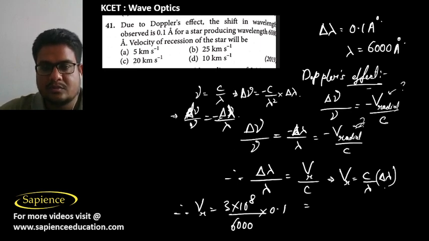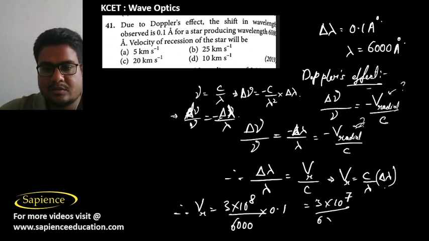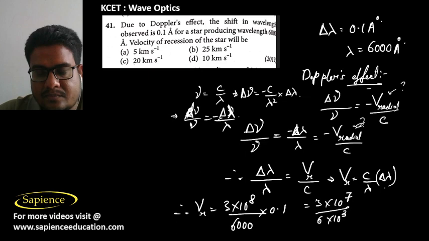This will be equal to 3 into 10 power 7 divided by 6 into 10 power minus 6 into 10 power 3.